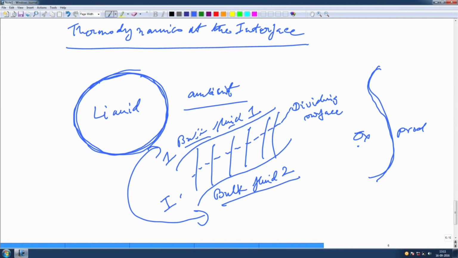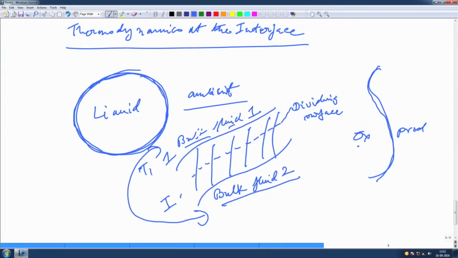So, next class we are going to try to establish the thermodynamics of this particular interface. Whether this interface is a nice interface and what kind of transport can happen. What are the equations that are valid across the interface? For example, if this temperature is T1, this temperature is T2, and the interfacial temperature is Ti, what is the relationship between T1, T2 and Ti?